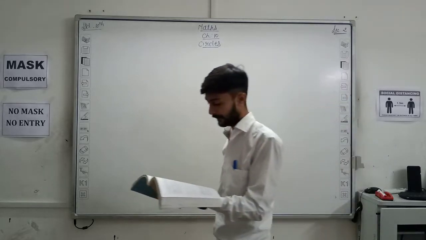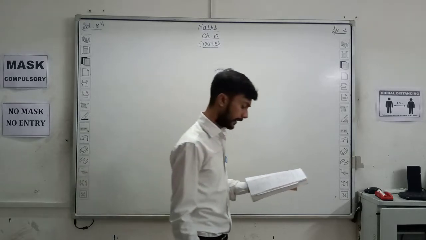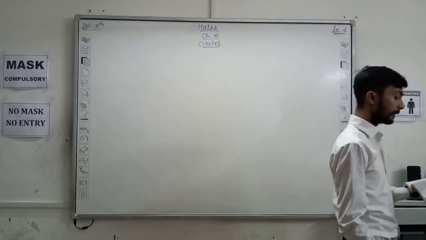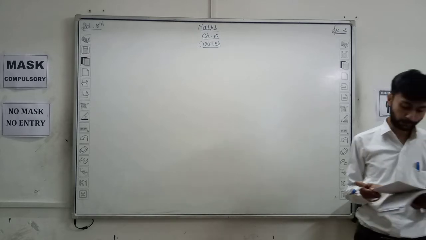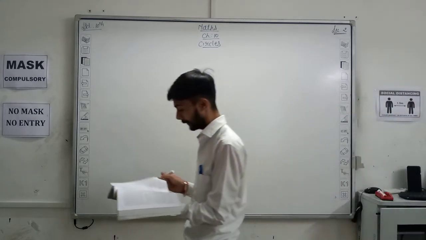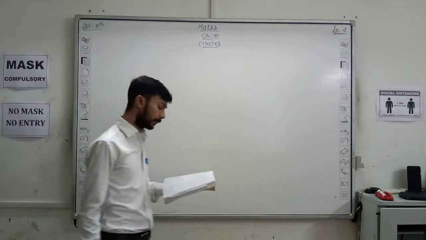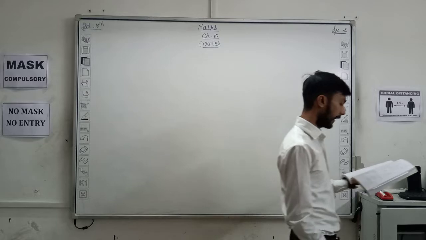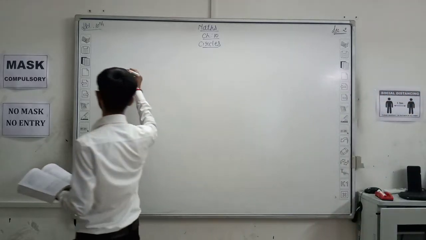See number 1. From a point Q, the length of the tangent to a circle is 24. Yes, this is the same as what we did last time in exercise 10.1, number 3. So there is a point Q and the length of a tangent.